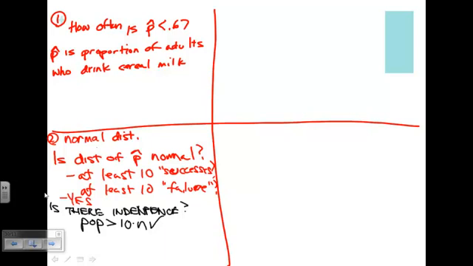I'm going to go down to the calculation phase if you don't mind. The distribution of p-hats is approximately normal. It's centered at 0.7. Why? Because we supposed it's 0.7. We made that up.